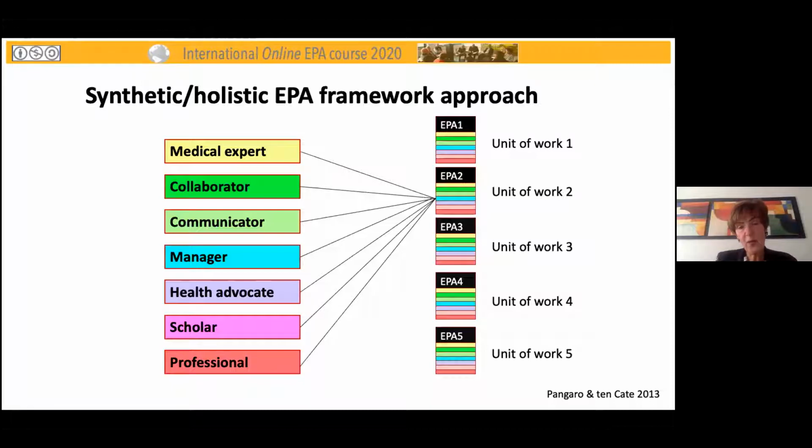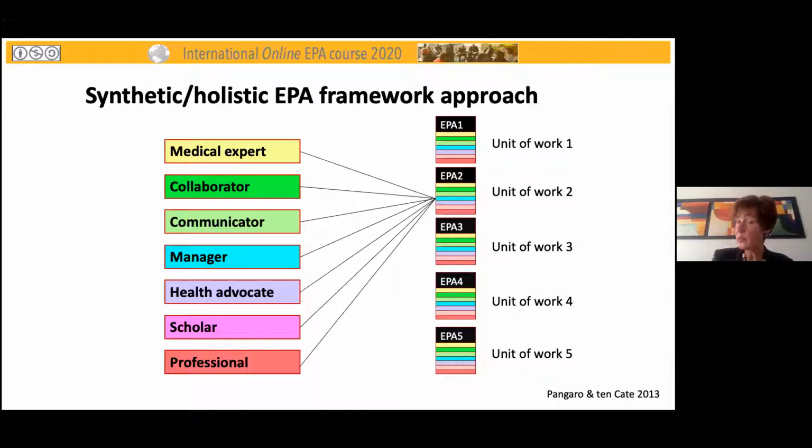So the EPA framework is a more holistic kind of approach. Here you see again all the roles, the competencies of the individuals, and you usually need an integration of several competencies to accomplish an EPA. For example, if you take history taking as an EPA for a student, then of course he needs a good amount of communication, but he also needs to be a professional in interaction with the patient.